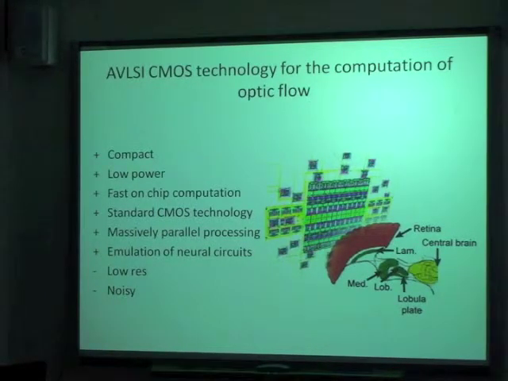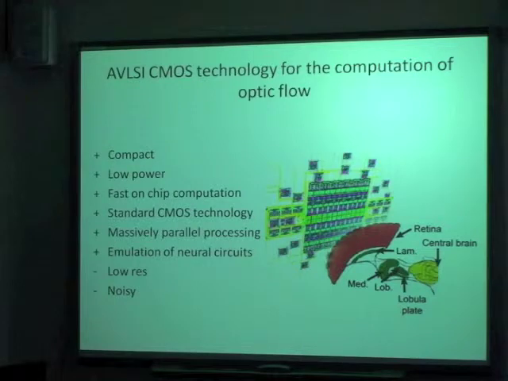So with this kind of chips, you can definitely emulate neural circuits, so be as biomorphic as possible. There are of course some drawbacks of this technology. One is definitely that we have kind of noisy chips for the moment, and we can't go too high in resolution for the moment.